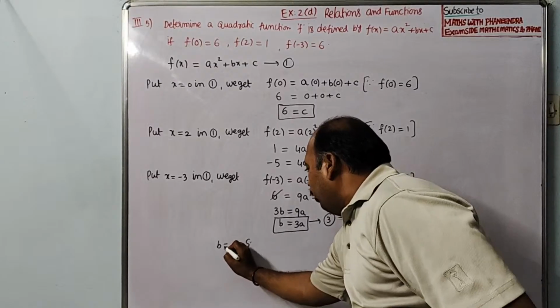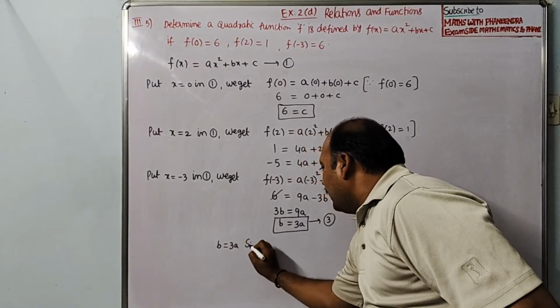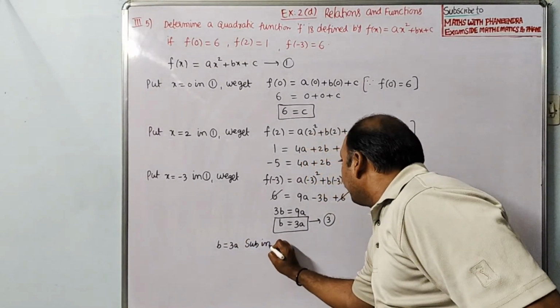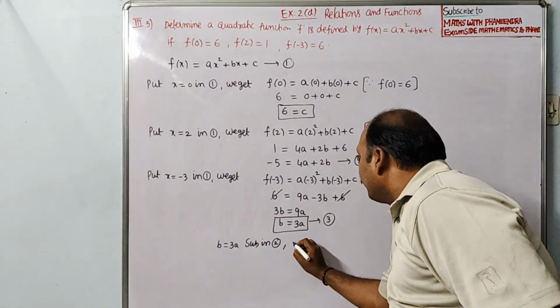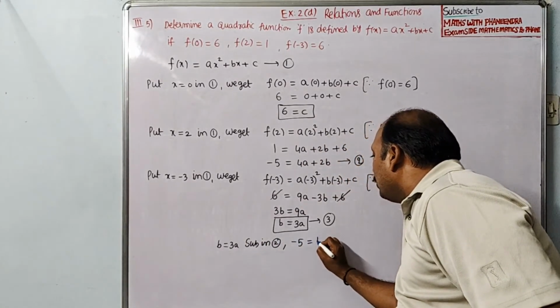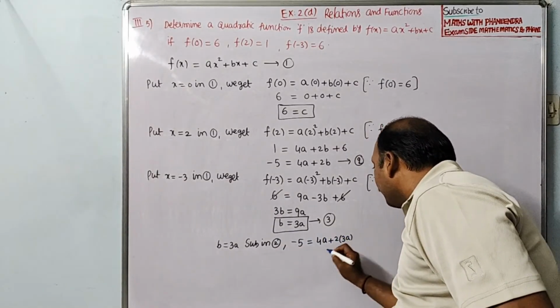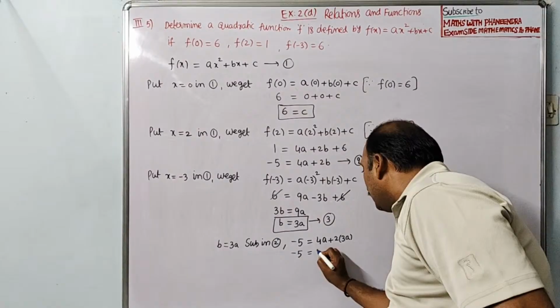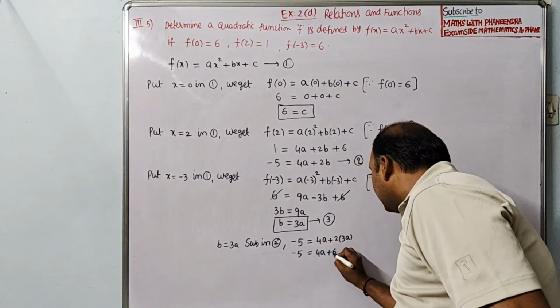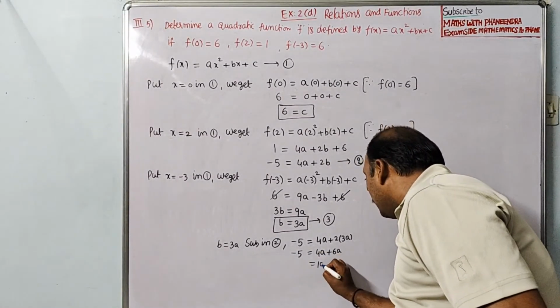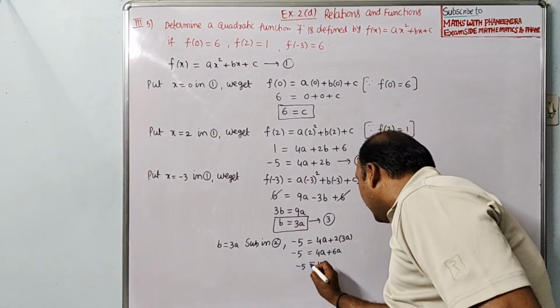b is 3a, substitute in equation 2: minus 5 equal to 4a plus 2 into 3a. So minus 5 equal to 4a plus 6a, that is 10a equal to minus 5.